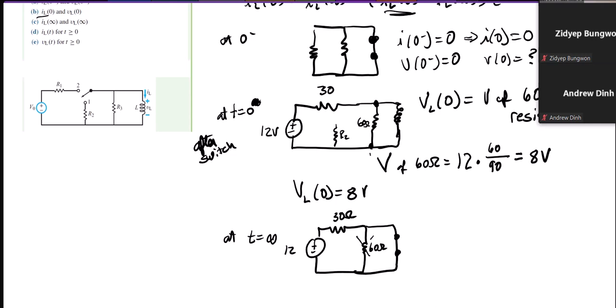It's a short circuit, and the voltage across a short circuit is 0. And we can find the current just using Ohm's law. So V equals IR, or 12 over 30 equals 0.4 amps.